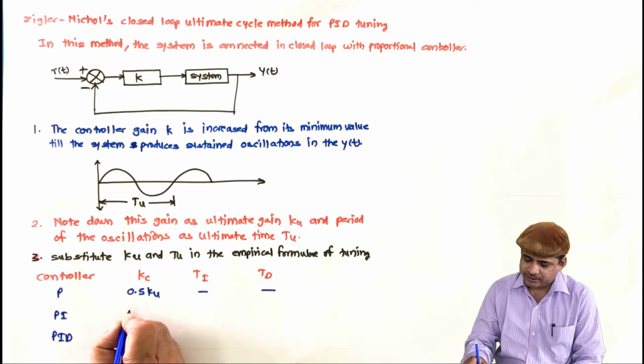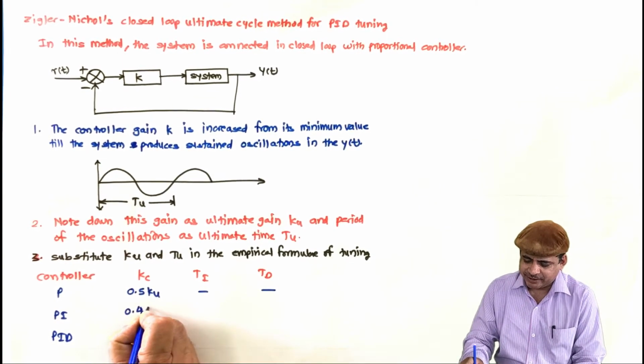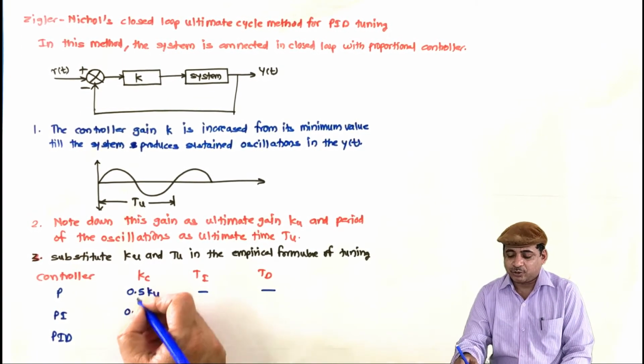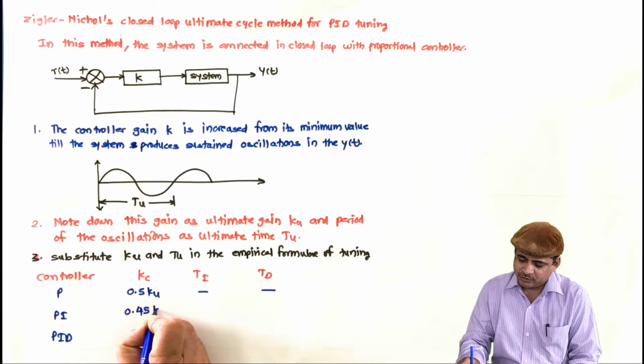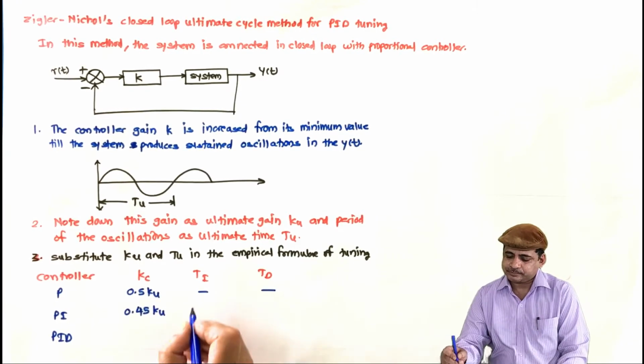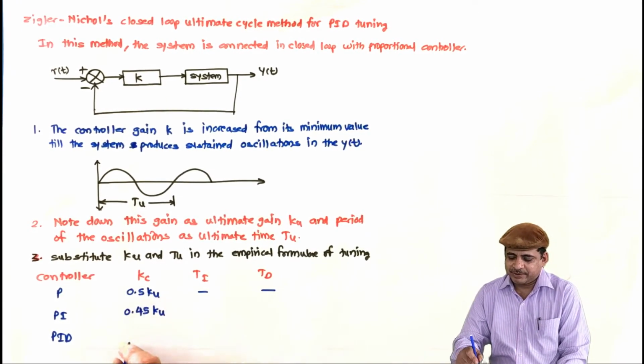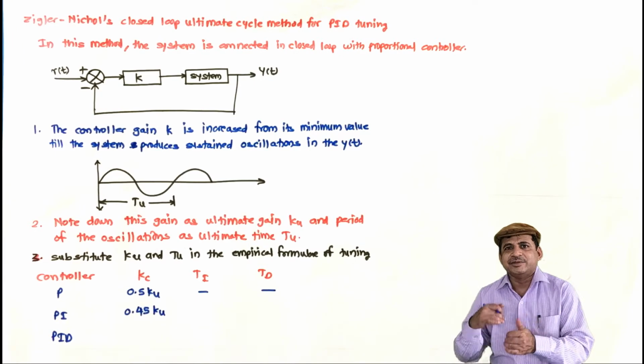Then for PI controller, as we have seen, I action introduces instability. So always, even in the first case and even here, this gain is less than in P mode, and the gain can be increased in PID because D action improves stability.